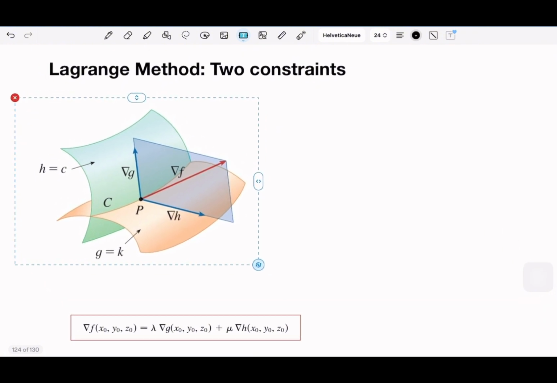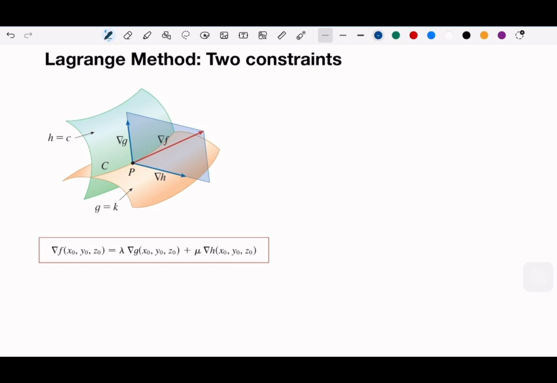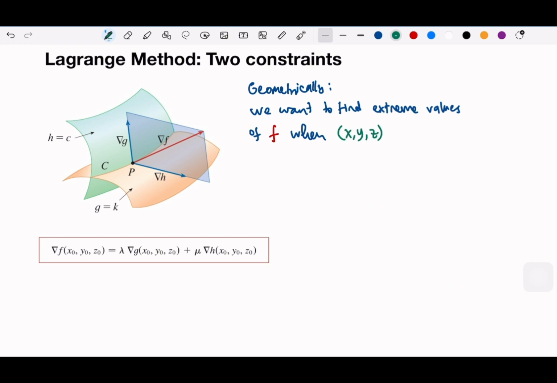So geometrically, if you would like to write some notes here, let me write. Geometrically, we want to find extreme values of f, that is our surface function, when xyz is restricted on the curve of intersection.